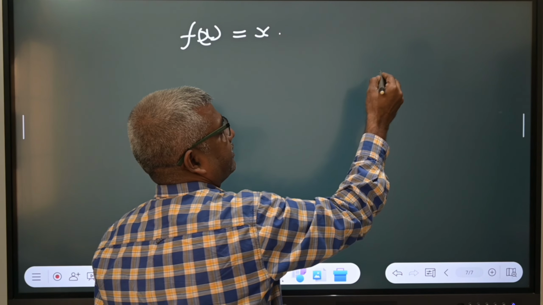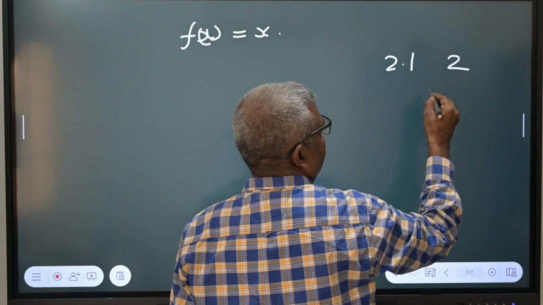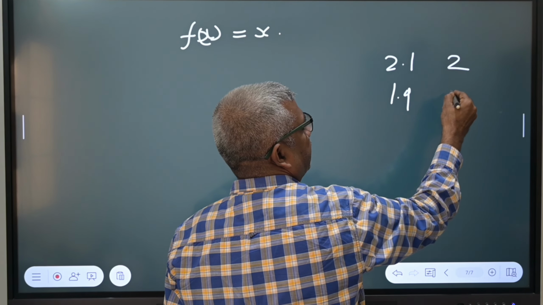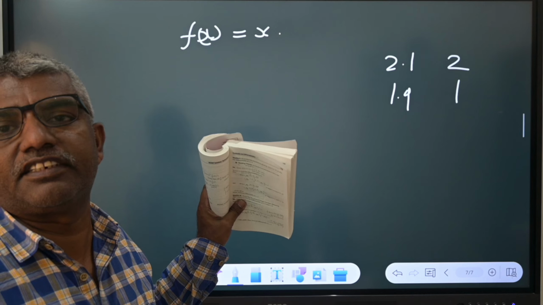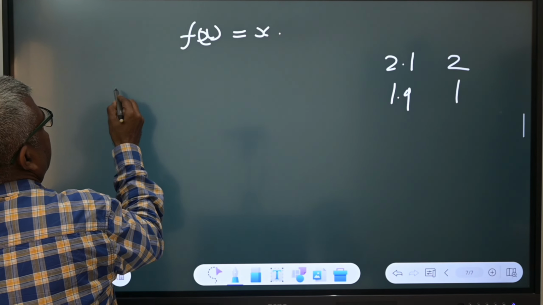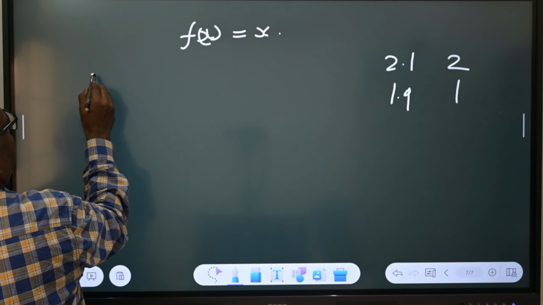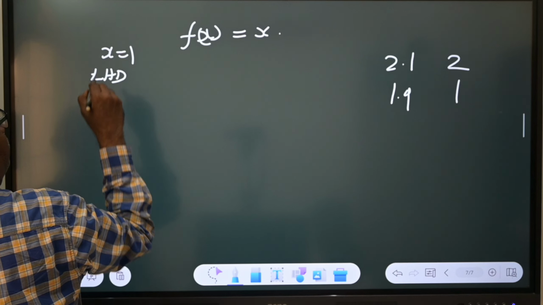Greatest integer function means for 2.1, the greatest integer is 2. For 1.9, the greatest integer is 1. That's all. We have to see the left hand side. Now come here. Left hand side derivative. Now let us see at x is equal to 1.